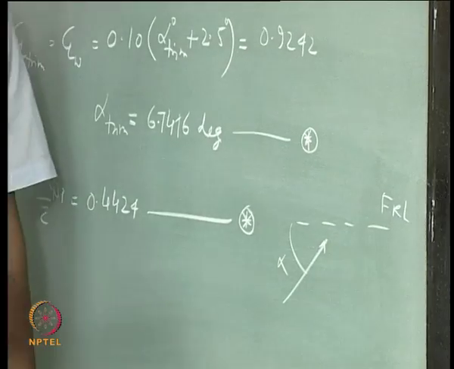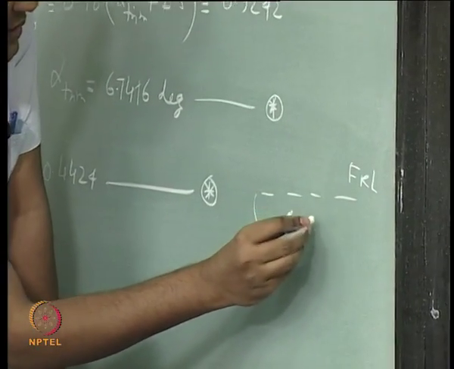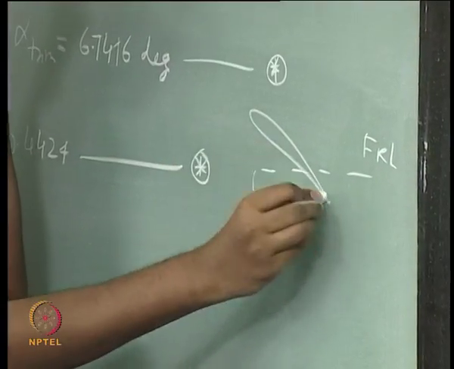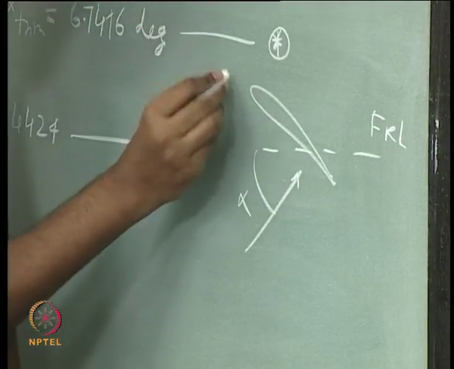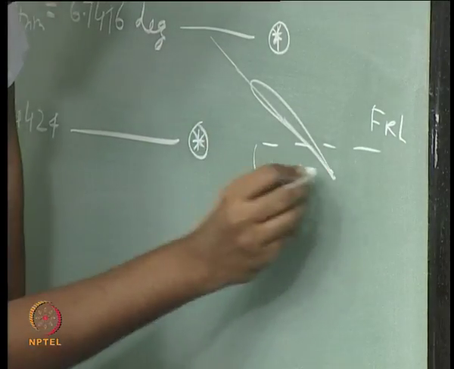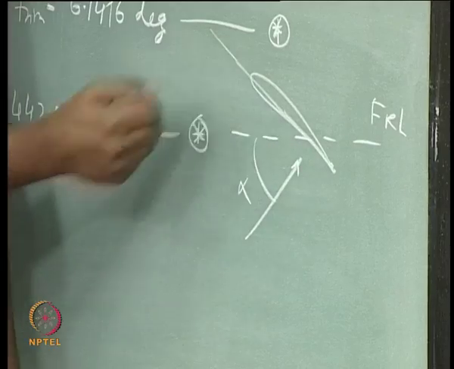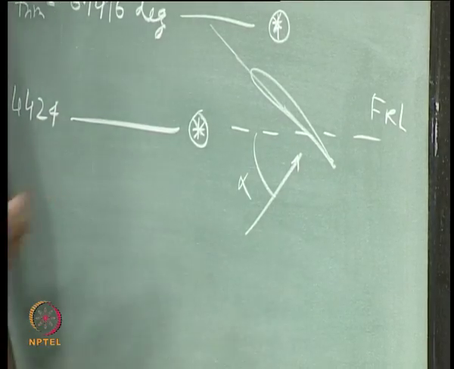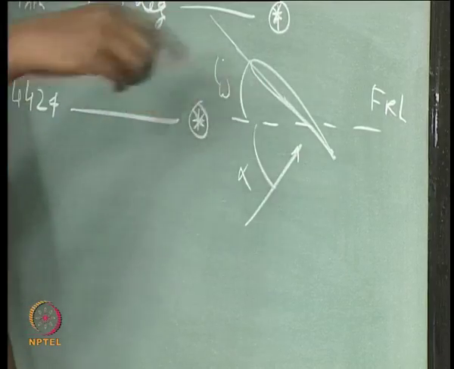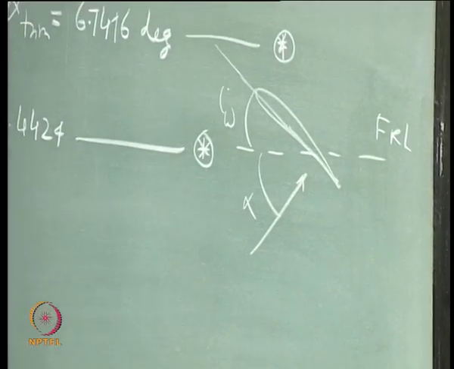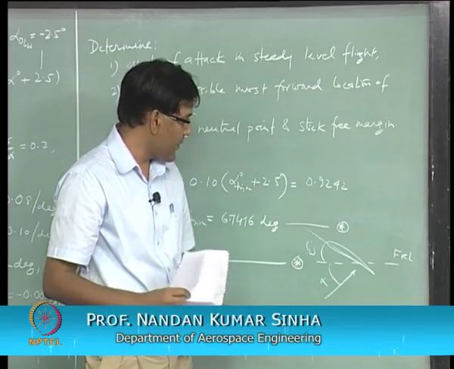What is alpha w? So, the wing is, let us say, this. One angle is from joining the two points, the chord, that is making an angle with this fuselage reference line, this i_W, the incidence angle of the wing.